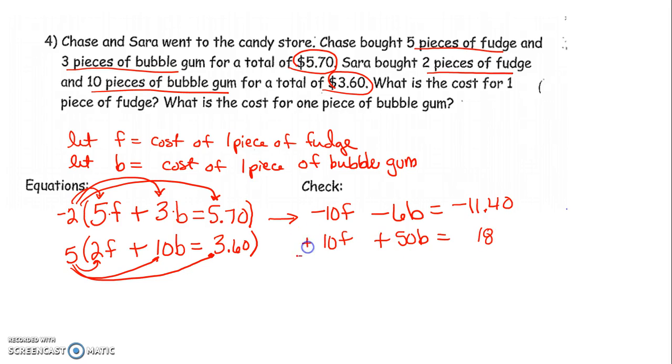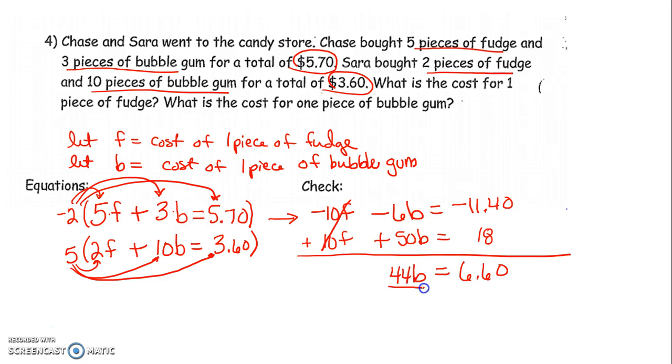And now we're going to combine these, because if we combine these, -10F plus 10F, addition elimination, bye-bye. -6B plus 50B is a +44B, equals -1140 plus 1800 gets you to 660.